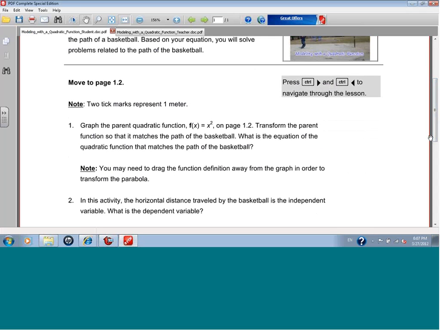They're first asked to graph the parent quadratic function f(x) = x² on page 1.2 of the document. And then we're going to transform that equation and that graph so that it fits the trajectory.